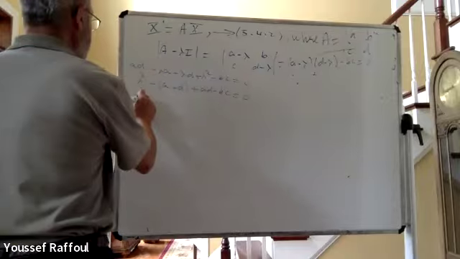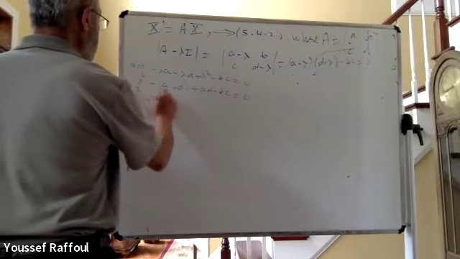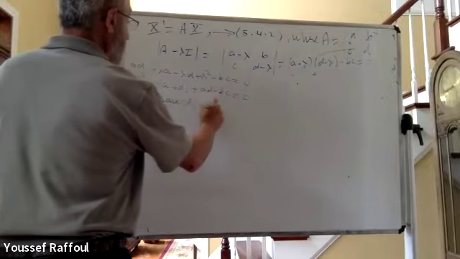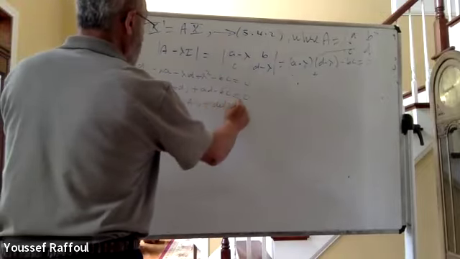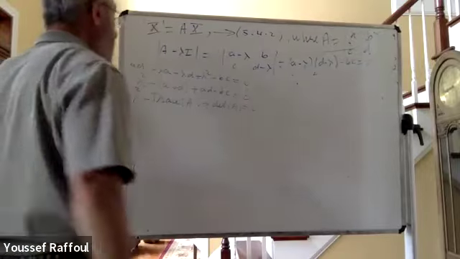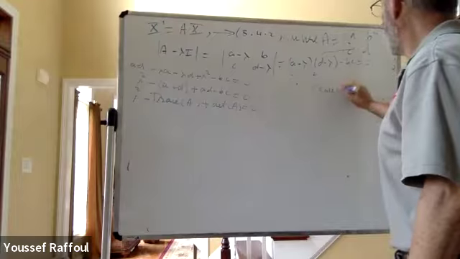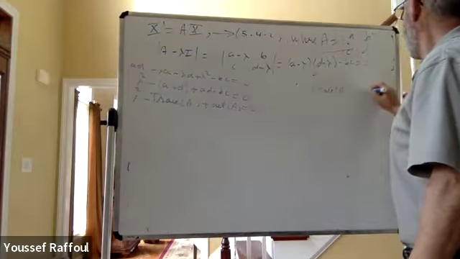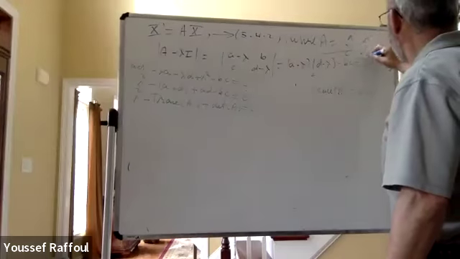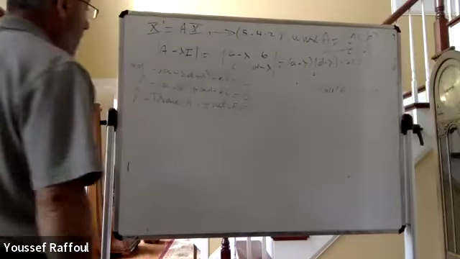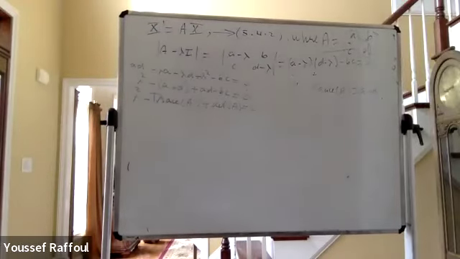So this is the same as lambda squared minus trace of A times lambda plus determinant of A equals 0. Remember, the trace of A is a plus d. You add these diagonal entries. This is called the trace. All right?